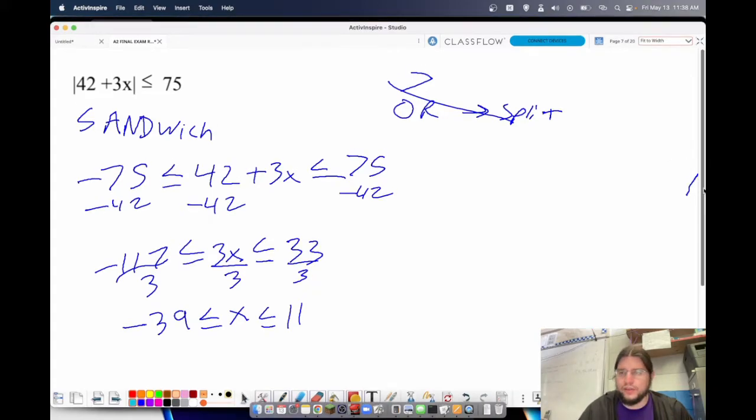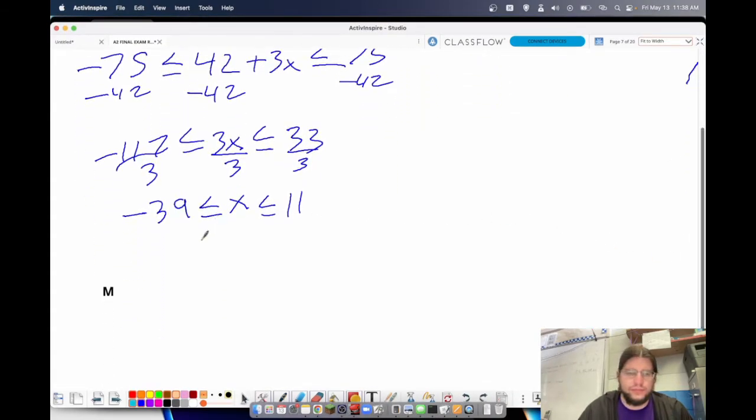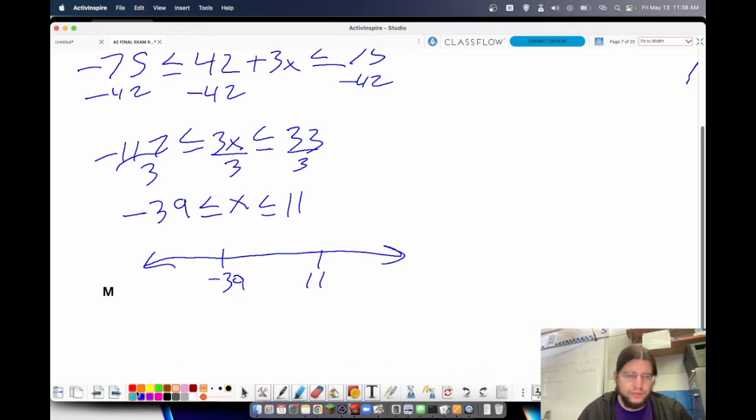And from there, we're going to go ahead and graph it. Don't know why there's an M there, ignore it. So we got negative 39 and 11. We have the lines under here, so that's less than or equal to, which means we include both, so we have a solid dot on both of those.